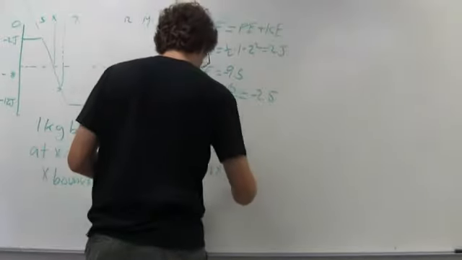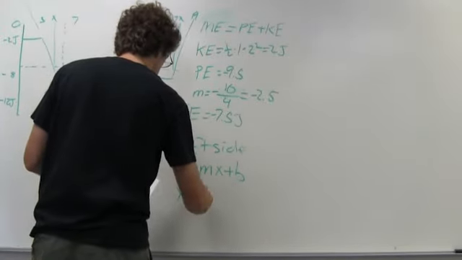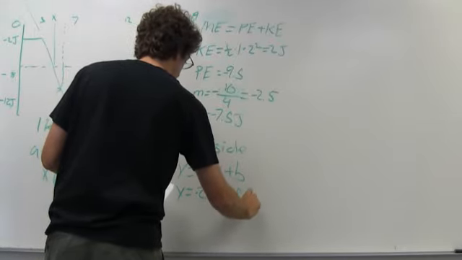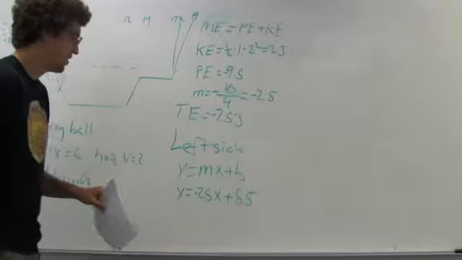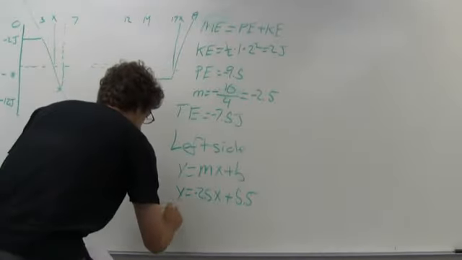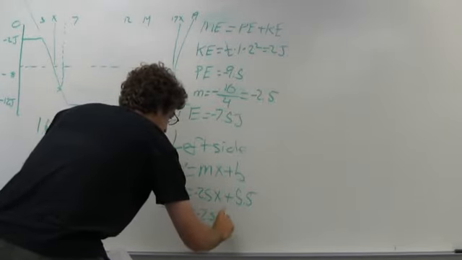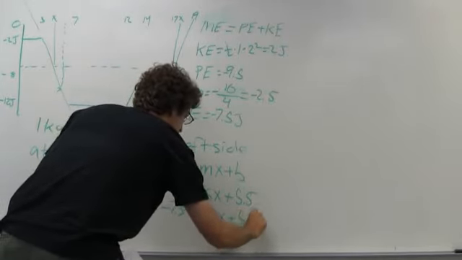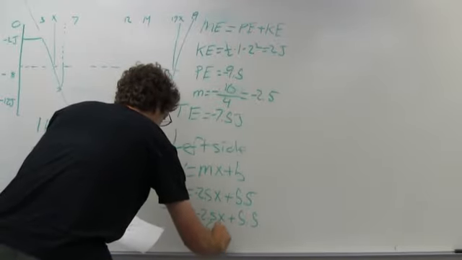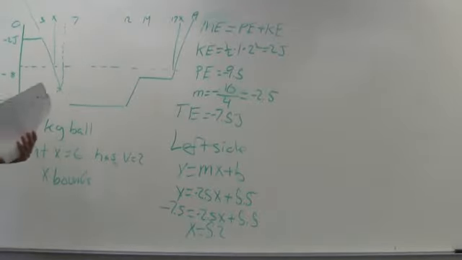So we know b is 5.5, we know m is -2.5, we get y equals -2.5x plus 5.5. And we want to find where y is -7.5. So -7.5 equals -2.5x plus 5.5, and we should get that x is equal to 5.2, which seems reasonable based on our graph. Awesome.